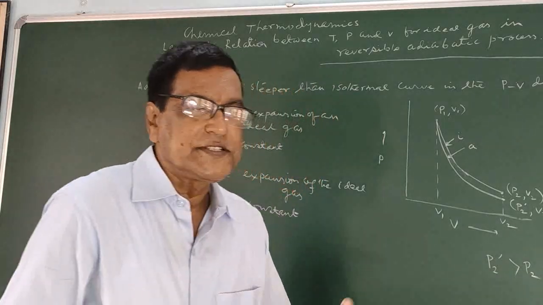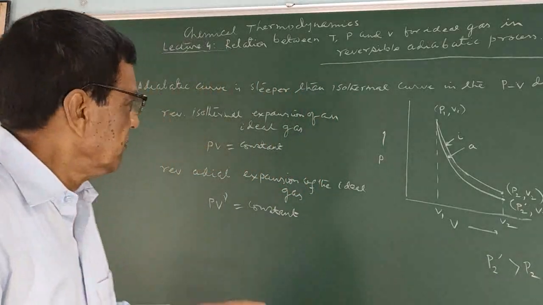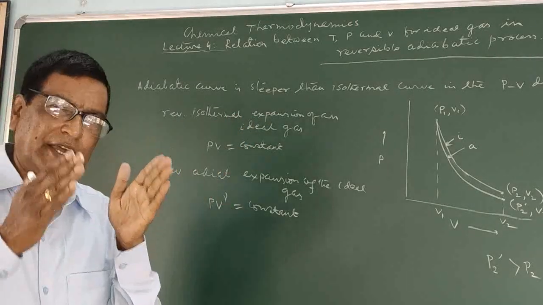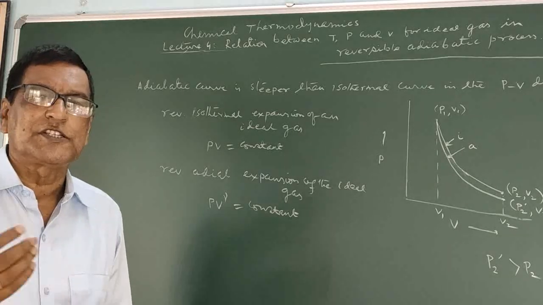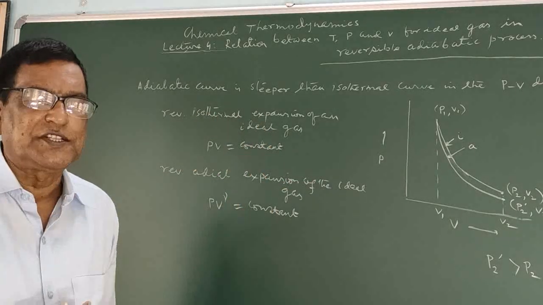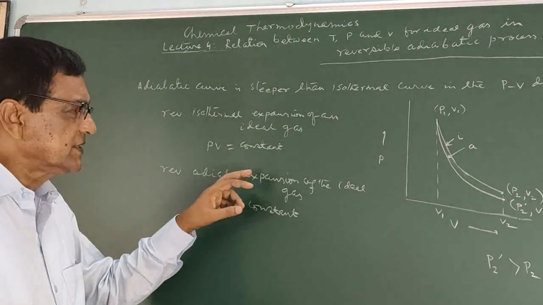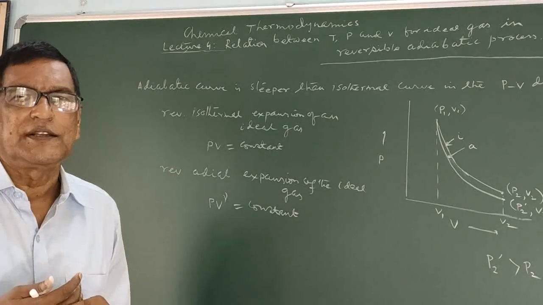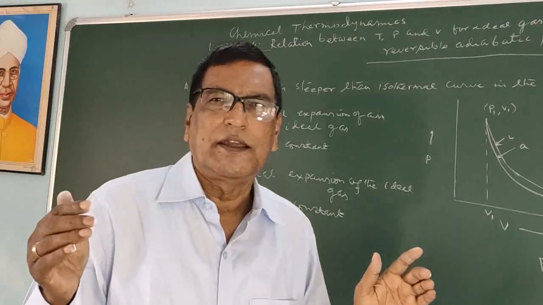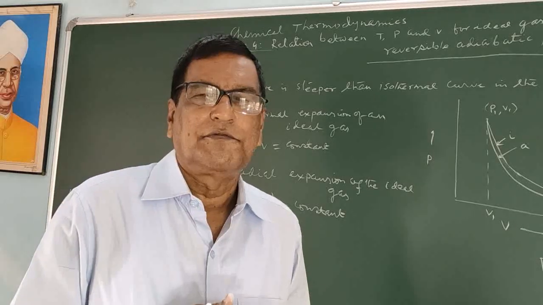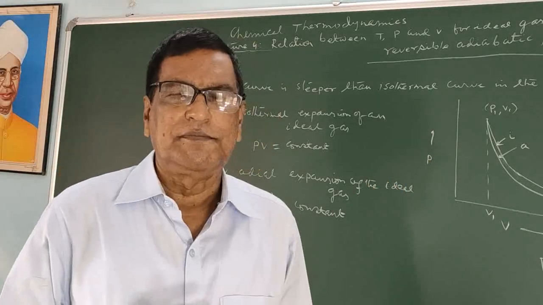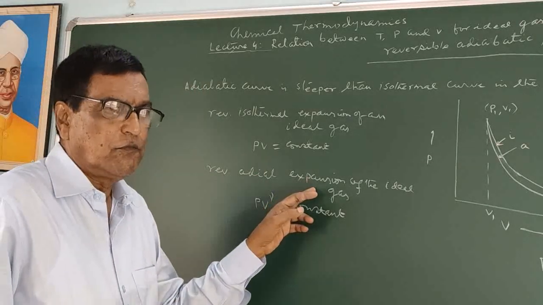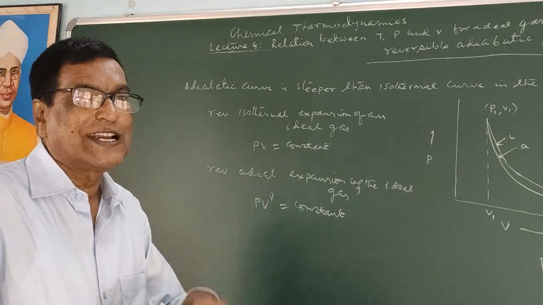Why? The reason is very simple. For this isothermal process, the walls of this system are diathermal. Heat is coming from the surroundings to the system for its expansion. But in the adiabatic case, the walls are wrapped with a good insulator, so heat cannot enter from the surroundings to the system. As a result, there will be a fall in temperature for this adiabatic expansion.